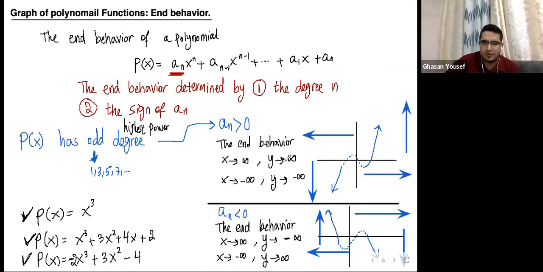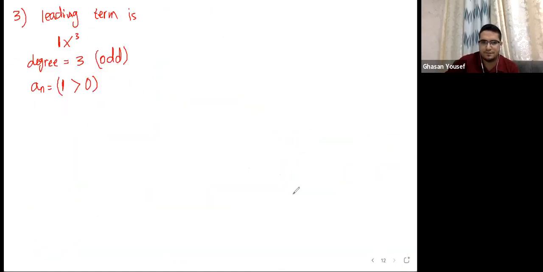When x goes to infinity, the y goes to infinity. When x goes to minus infinity, the y goes to minus infinity. So now it's easy to graph the polynomial function.